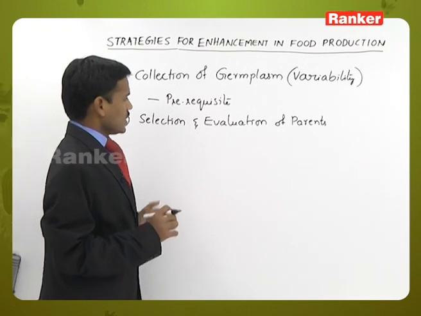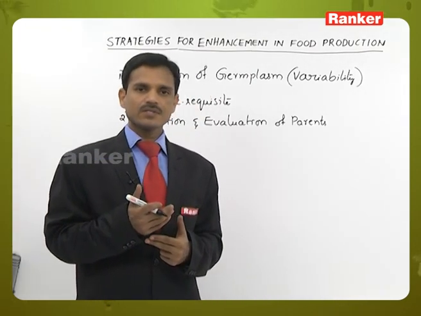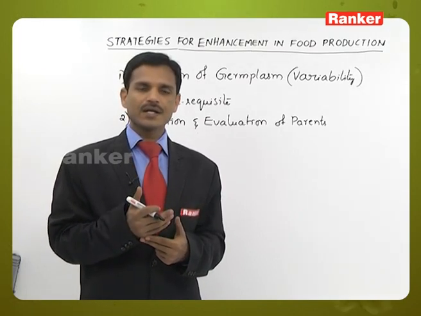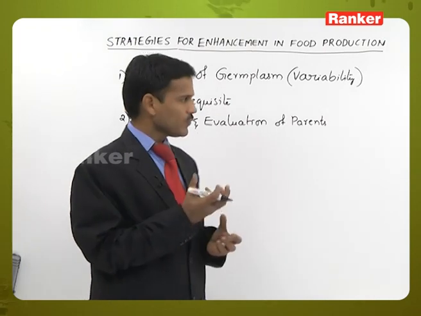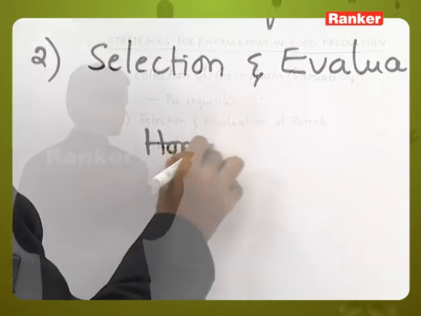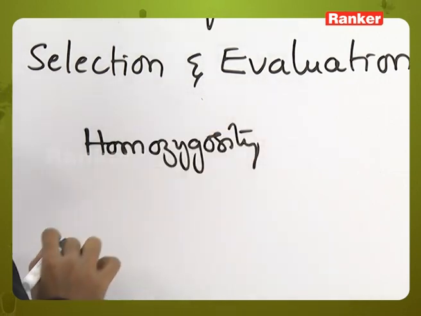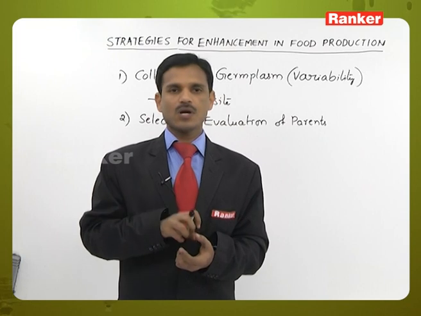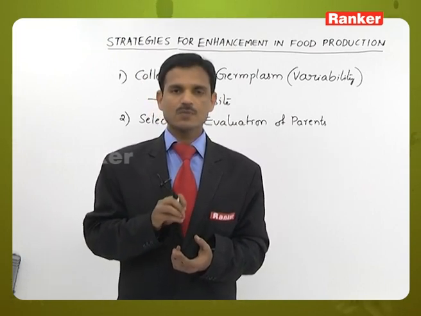If the plants are in the heterozygous condition, they are generally self-pollinated and modified into the homozygous condition, homozygosity. Some plants are self-pollinated and cross-pollinated also. Some plants show only cross-pollination.